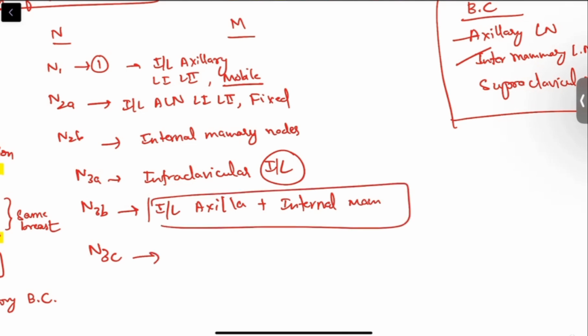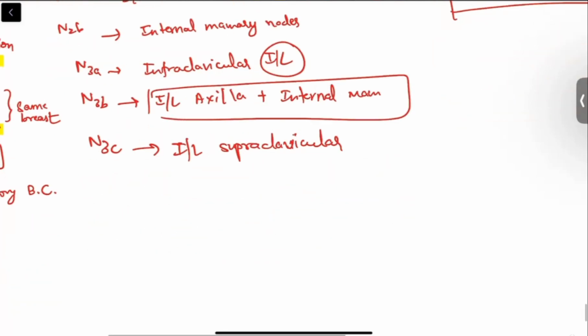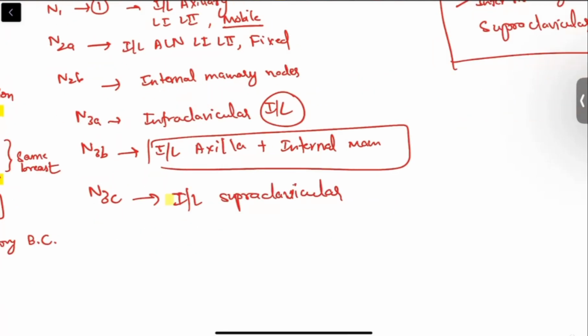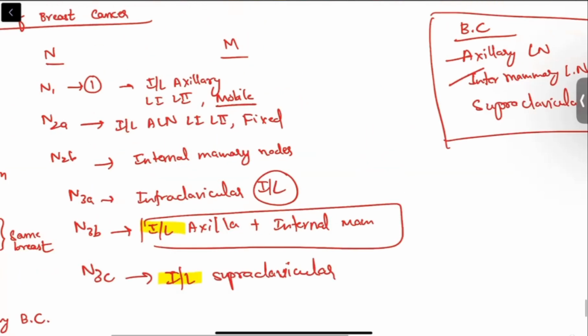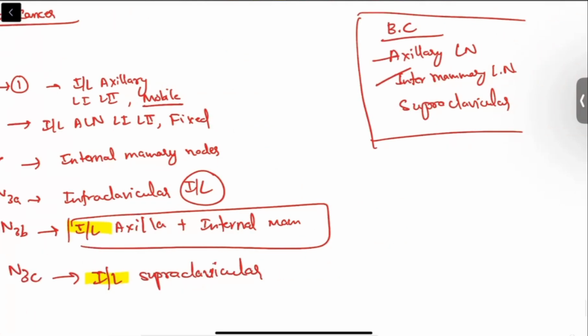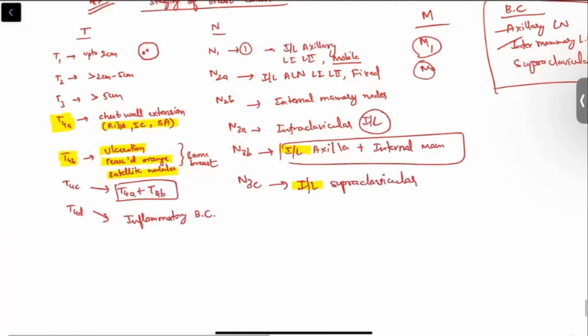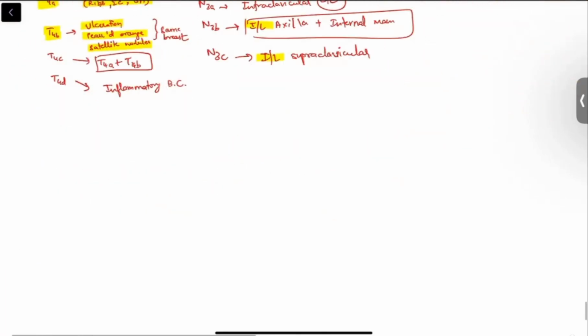N3C is ipsilateral supraclavicular. What we have to note down is every node is ipsilateral. If the tumor has spread to the other sided axillary lymph node, then it is considered to be metastatic, so it will be under M1. If there is no metastasis, M0. Simple. So based on this knowledge, they have staged the breast cancer.